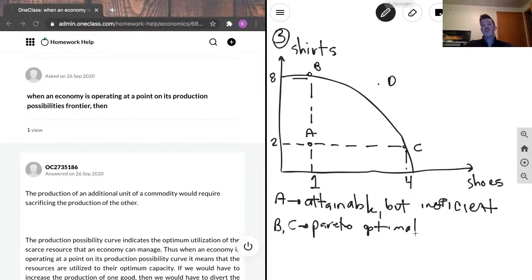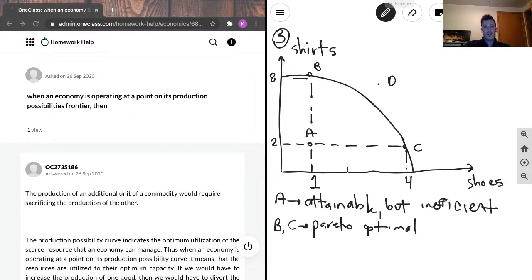So the definition of Pareto optimal is that we cannot make, loosely, one person better off without making another worse off. Applied to this scenario here, we cannot get... So here we've got 8 shirts and 1 pair of shoes. We cannot get any more shoes without giving up some shirts.